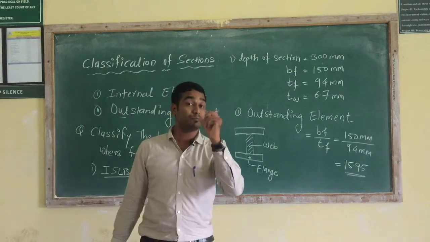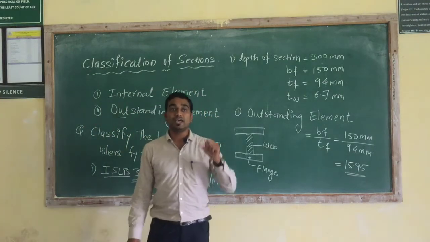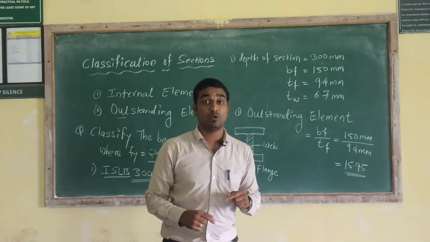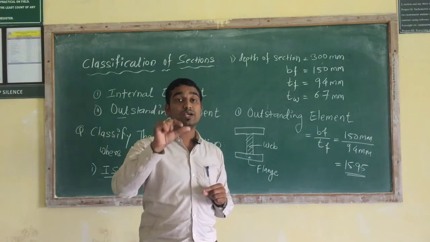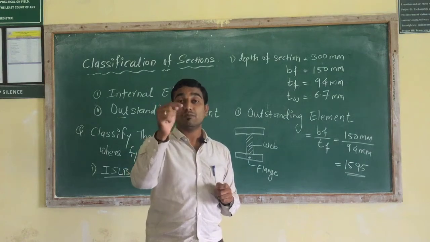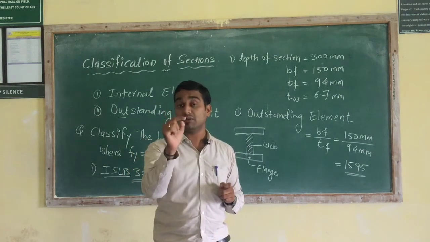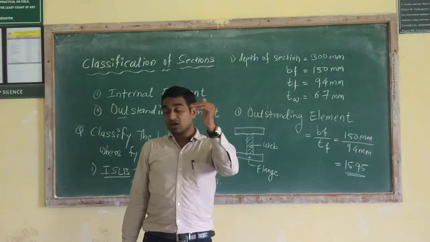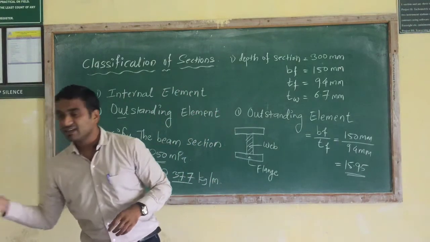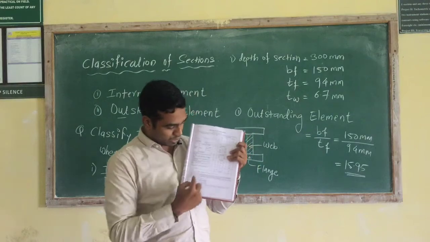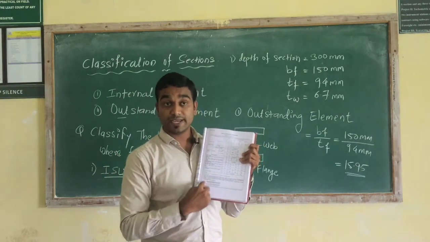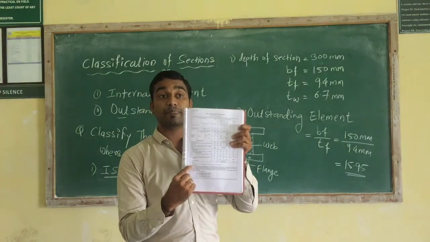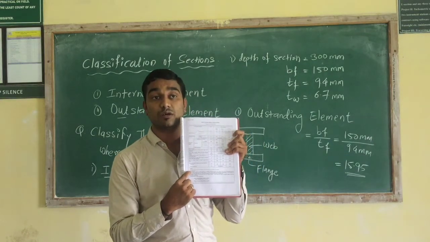Now I have to tell you one thing. What is the meaning of epsilon? The value of epsilon you have to calculate, and the formula to calculate epsilon is given below that table. In IS code table number 2, see the notes given below the table. You have to see note number 2.